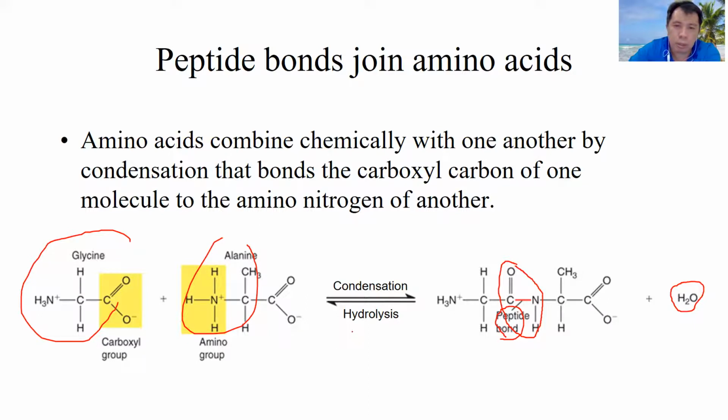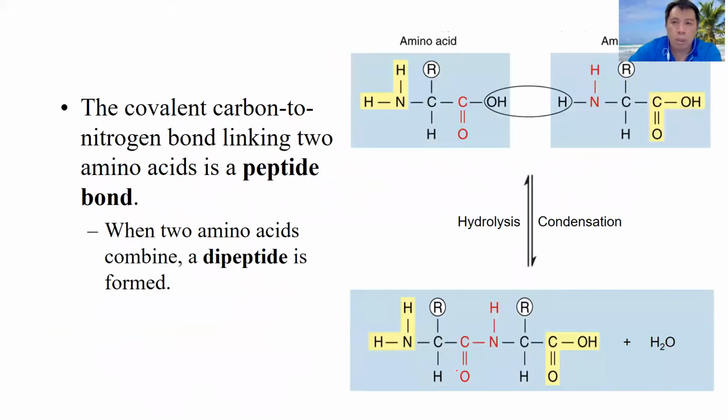So the formation of this peptide bond is from the carboxyl group of one amino acid with the amino group of another amino acid, to form one water molecule. Then they form a dipeptide. From here you can see clearly how the water is produced.